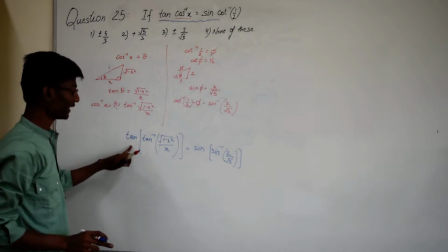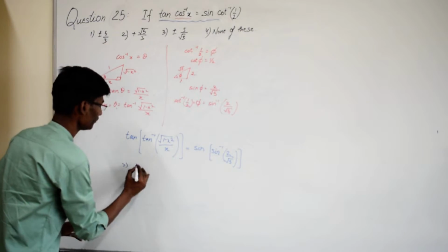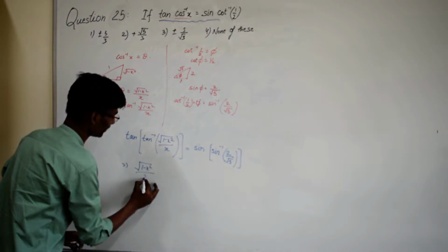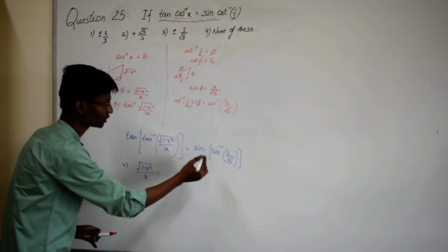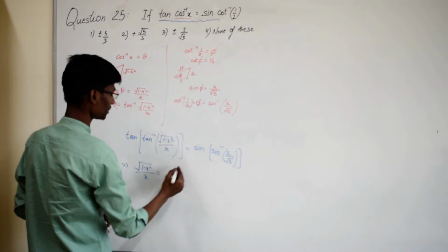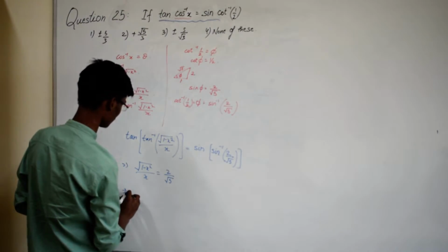We know that tan of tan inverse x equals x, so it simplifies to under root 1 minus x square divided by x equals, and sine of sine inverse x equals x, so 2 upon root 5.